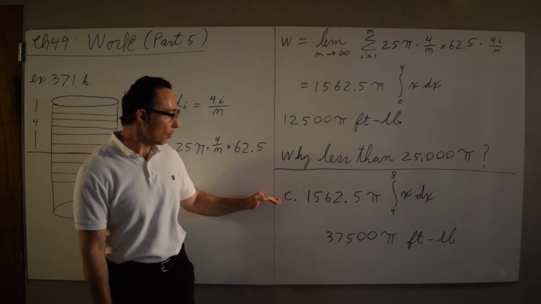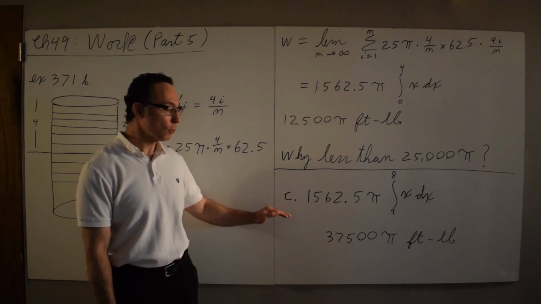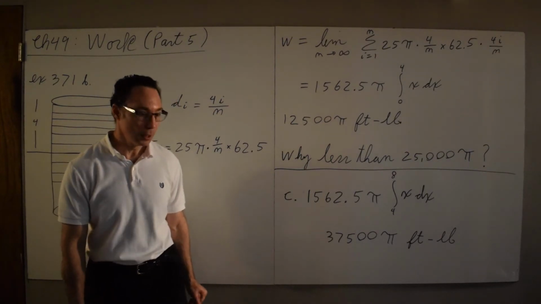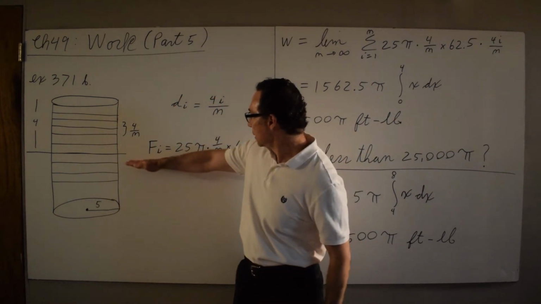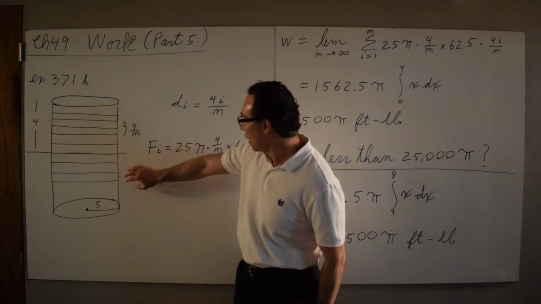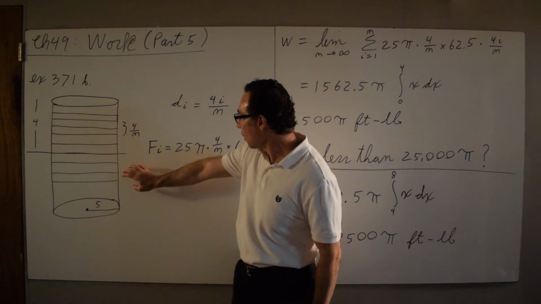Okay, for part C, there are 3 different ways to do this. This is a little bit different than what we did in the notes. So if you look at the answer in the notes, what I did is I looked at this part here and said all of the water has to be lifted up to here plus another 4 feet is how I set that up.